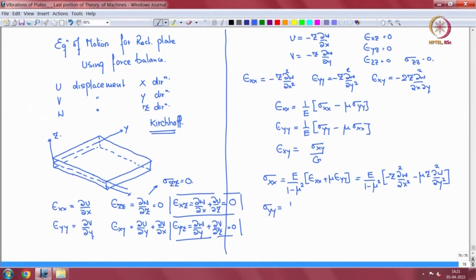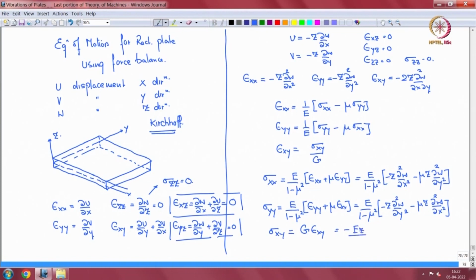Sigma yy is equal to E by 1 minus mu squared into epsilon yy plus mu epsilon xx, and that is E over 1 minus mu squared, into minus z del 2 w by del y squared, minus mu z del 2 w by del x squared, and sigma xy is equal to G epsilon xy, which is minus E z by 1 plus mu, del 2 w by del x del y.